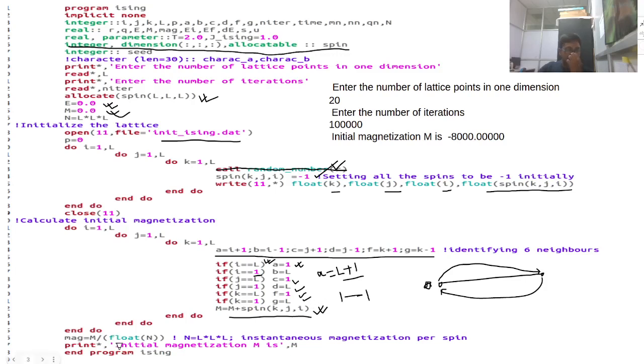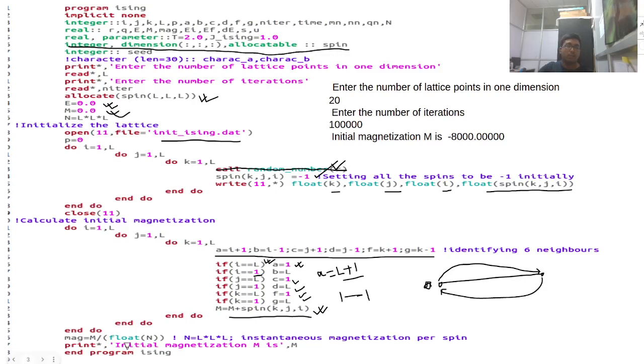If you want to calculate the instantaneous magnetization per spin, sorry, this will give you the total magnetic moment, and if you divide that by the total number of lattice points, that will give you the instantaneous magnetization.